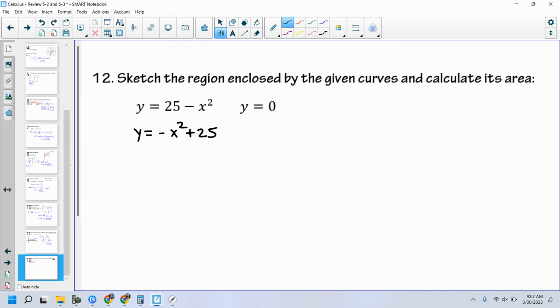Is that a happy quadratic or a sad quadratic? It's a sad one, a frowny face, because a is negative. And it's a vertical shift up 25 units. So 5, 10, 15, 20, 25.